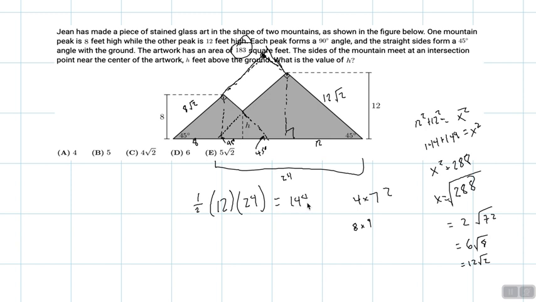So 144. And then looking at this triangle, we're going to have one half times 8 times, and this whole thing is 16.